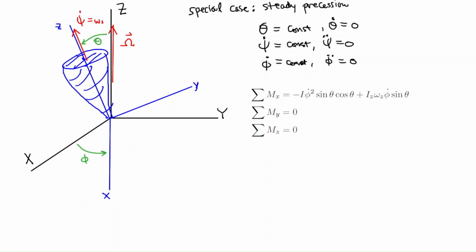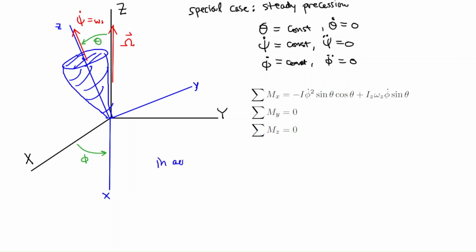So what happens here very nicely is that we just don't actually get any net moments about the lowercase y or z axes. And the case for m sub x simplifies greatly. Now, what you may ponder is another special case of this special case.